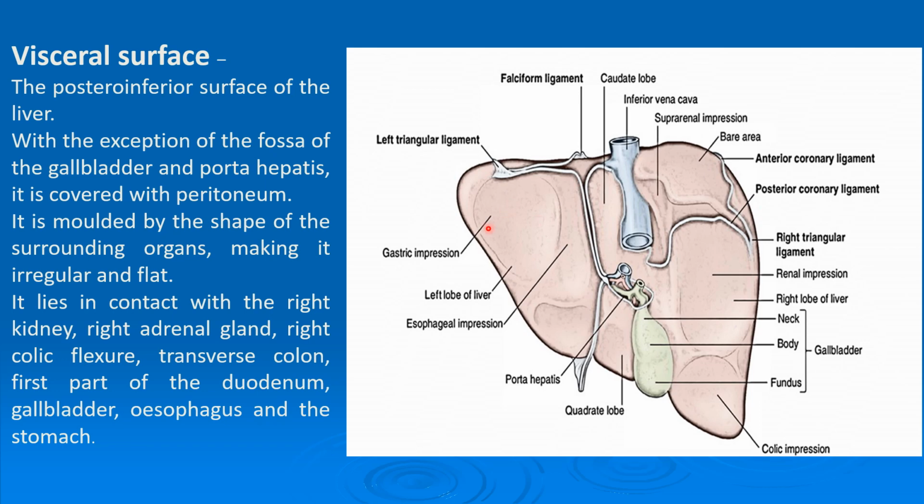You can see the gastric impression where the stomach is in contact, esophageal impression, then colic impression, renal impression, suprarenal impression, etc. Because of attachment with or in contact with these organs, the inferior surface or the visceral surface is flat and irregular.